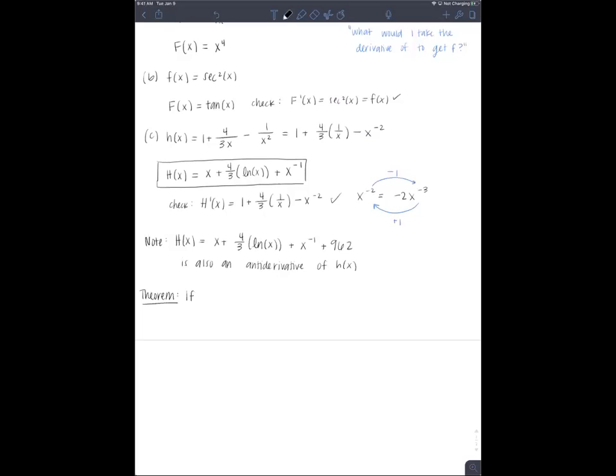If capital F is an antiderivative of little f on an interval capital I, then the most general antiderivative of f on I is capital F of x plus some constant c, where c is a constant.